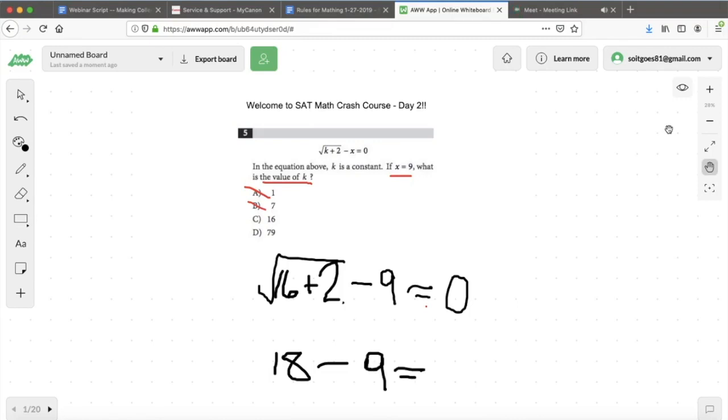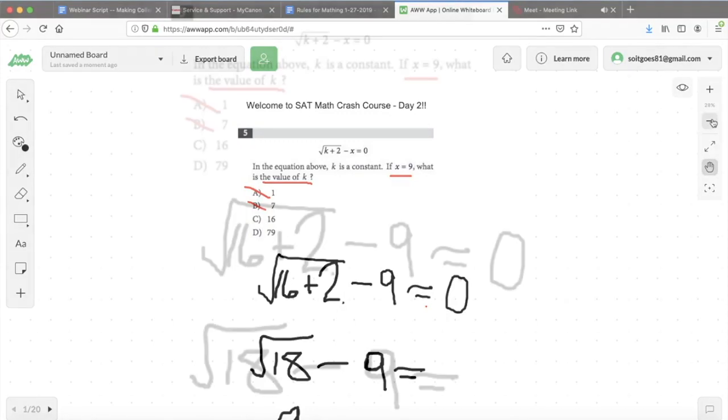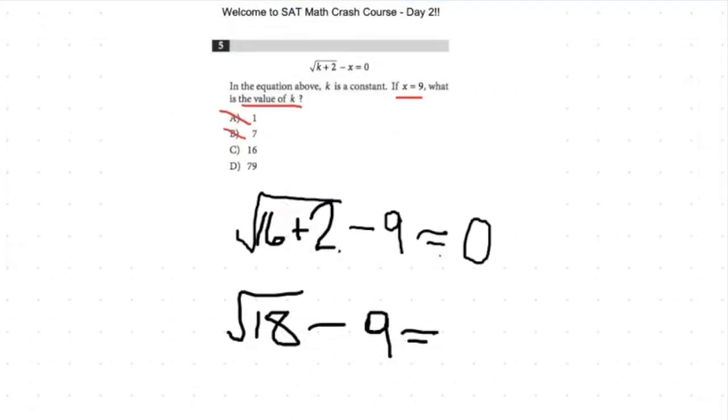Is that going to give us a true statement? I'm not so sure about that. Maybe. I don't know what the square root of 18 is. You guys know what the square root of 18 is? I know what the square root of 16 is. What's the square root of 16, guys? 4. And the square root of 25 is 5.